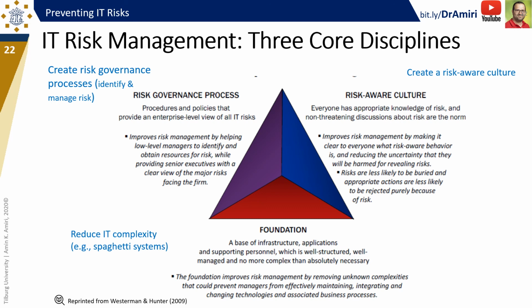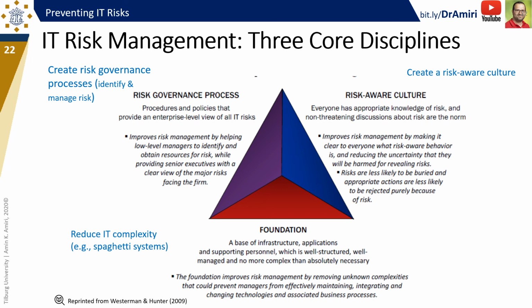Having a spaghetti system makes it difficult for the IT department to come up with backups for those systems, to find ways to ensure business continuity, and to have systems that can replace the current systems if something happens, or manual business processes that can replace a system when a risk is materialized.